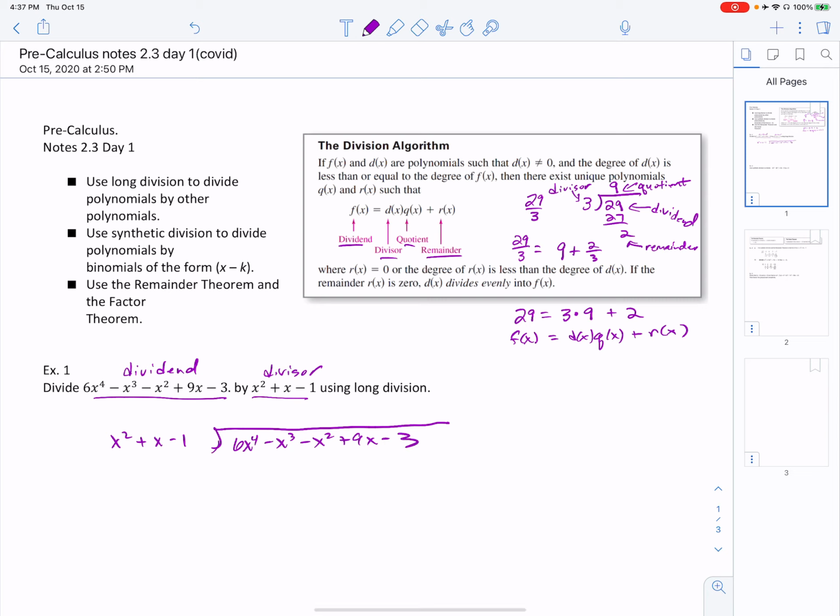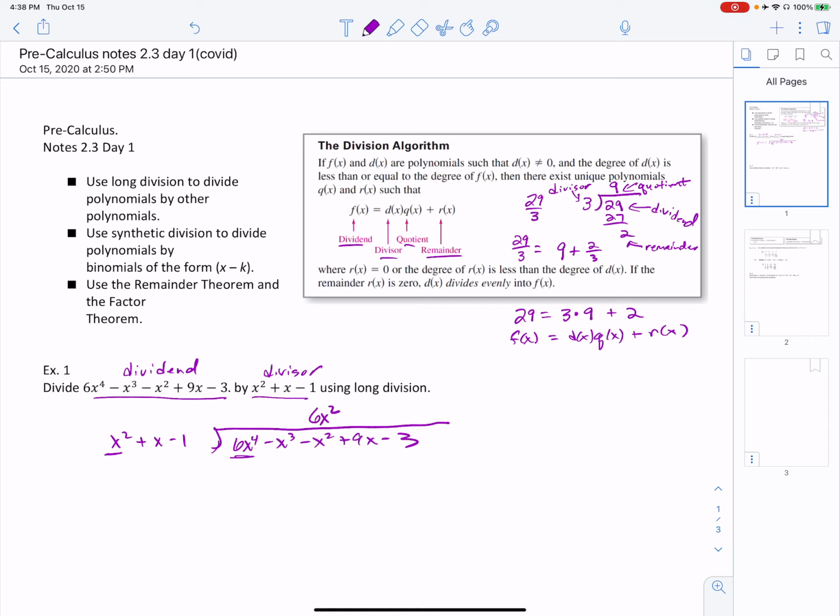And so now the key is that I want to match x squared with 6x to the 4th. I want to choose something to multiply x squared by so it becomes 6x to the 4th. And so if I multiply x squared by 6x squared, it will become 6x to the 4th. And I'm going to line that up above the squared term right there.